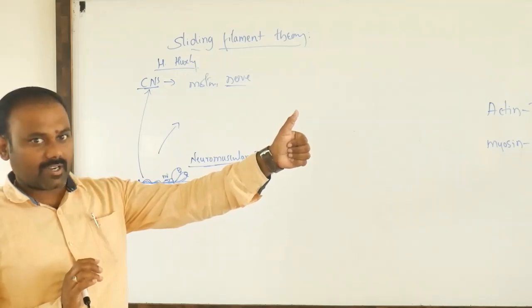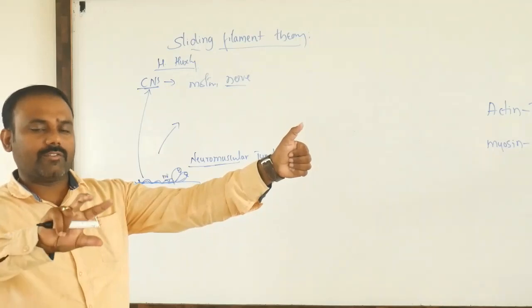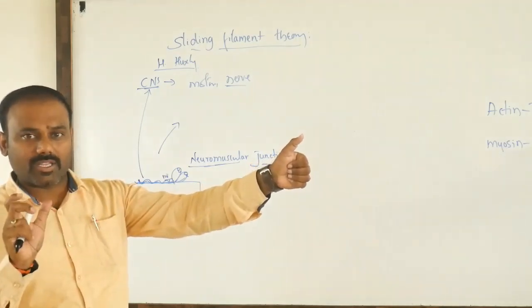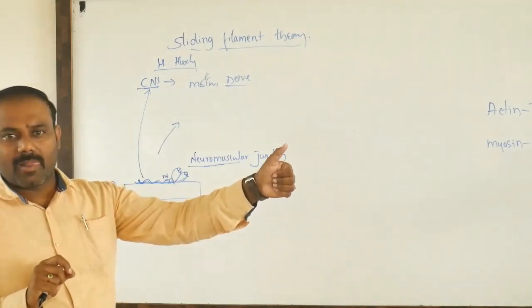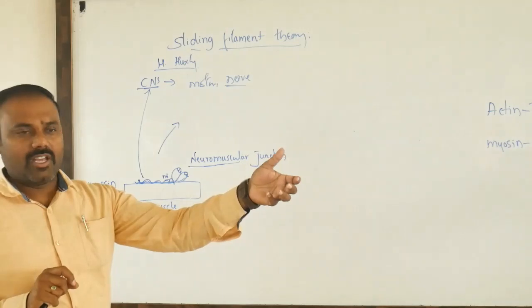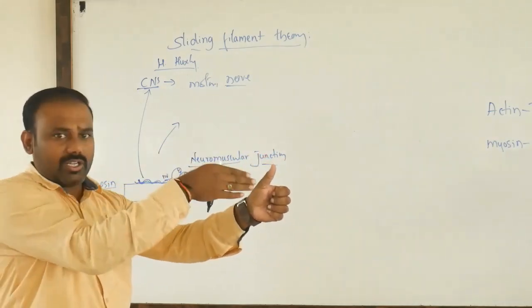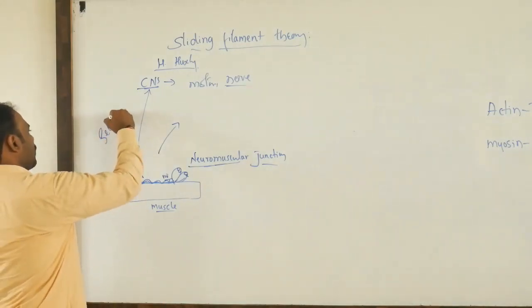If I start contracting, first I need to send the information. That information is in the form of stimulus. Remember the word stimulus. Any environmental change is simply considered as stimulus or stimulation. That stimulation carries the information from a particular organ to the brain through a sensory neuron.